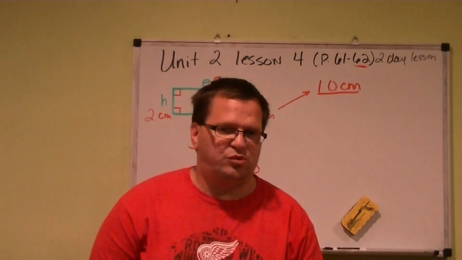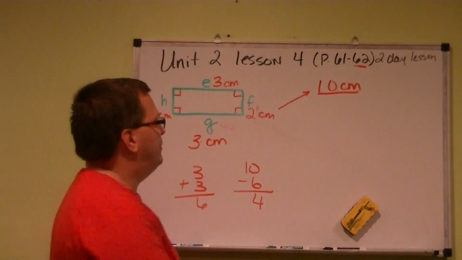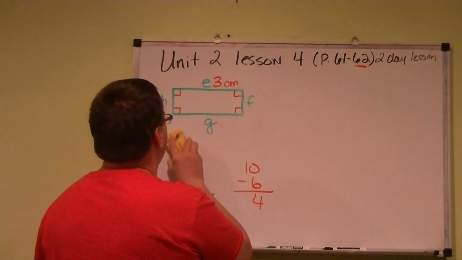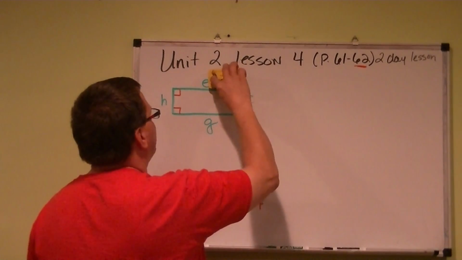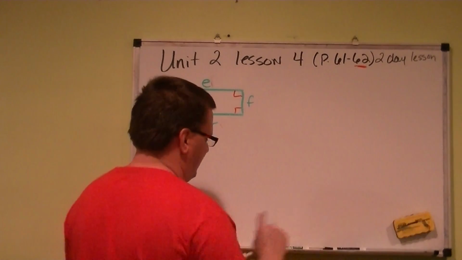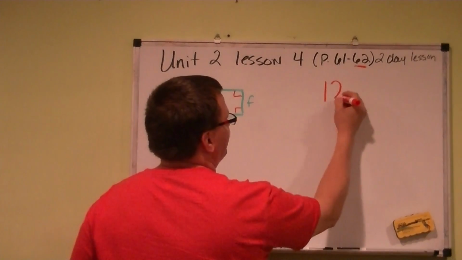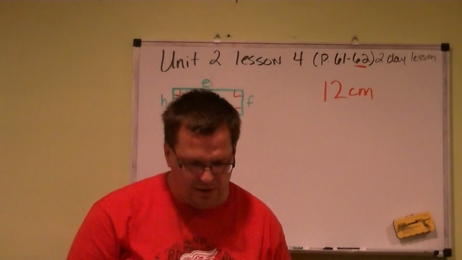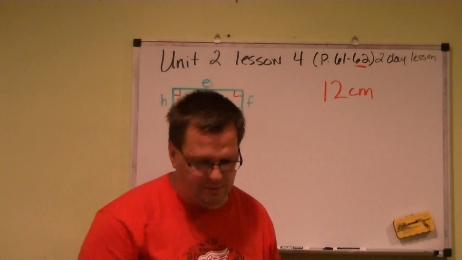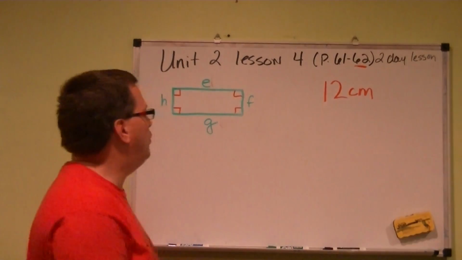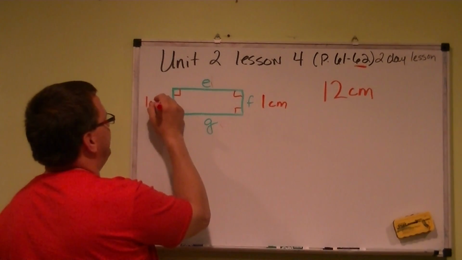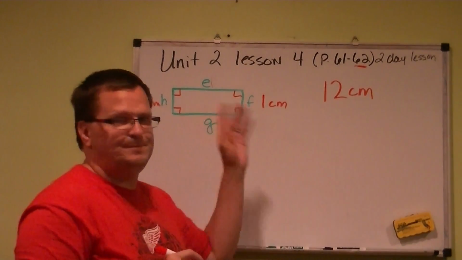If we change the perimeter to 12, let's see if we get different results. So we say now the perimeter is 12 centimeters. And I said find all the combinations we can find for 12 centimeters. You're always going to start off with 1 on the sides. 1 centimeter, 1 centimeter. Always start off with 1.